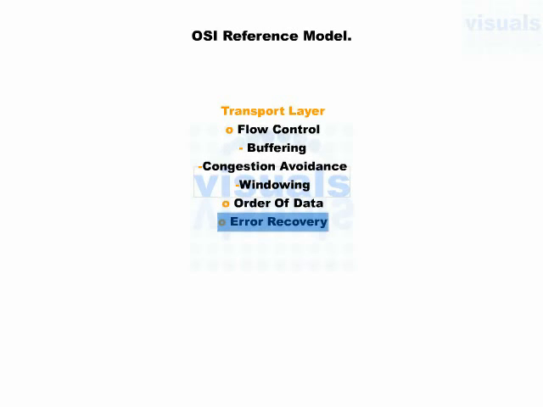We are discussing the fourth layer. While reaching the fourth layer, there are chances of errors coming in the data. The transport layer recovers errors, but first it checks for errors and then it corrects them. It uses algorithms to detect the errors.